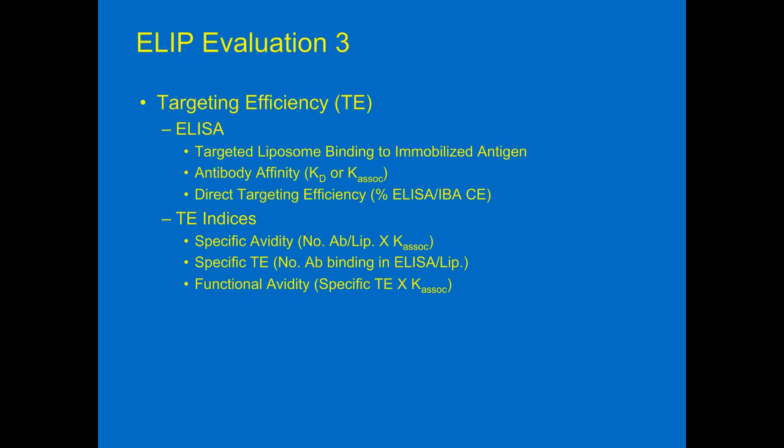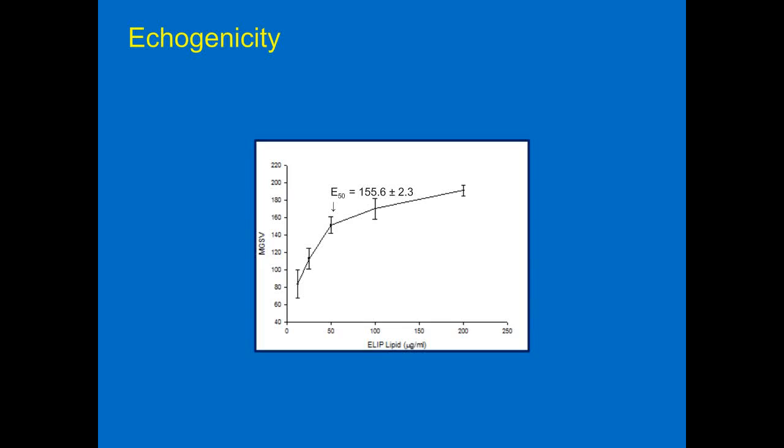And then again, we take this number of antibodies and multiply it by the association constant, we get what we call a functional avidity, which is the actual affinity of the ligand on the liposome that's binding to antigen on a surface. And we find that's the most informative targeting index of all.